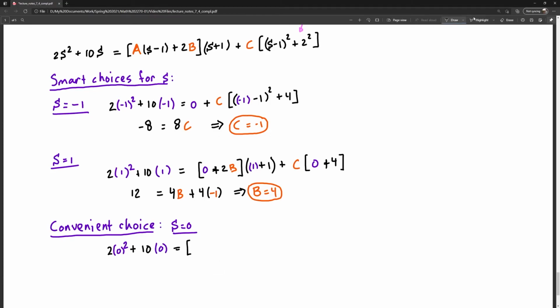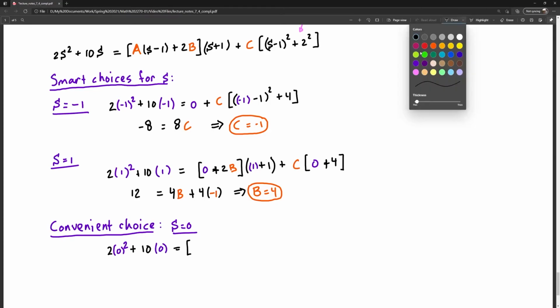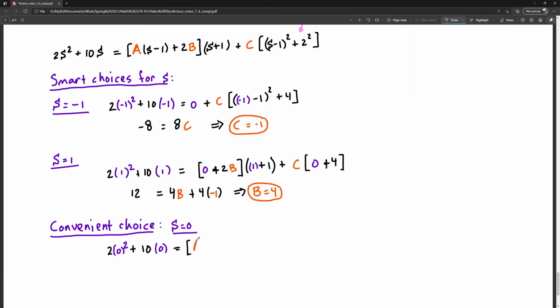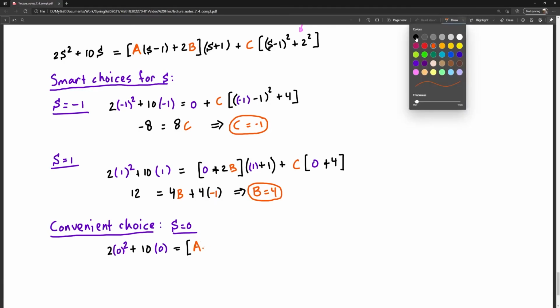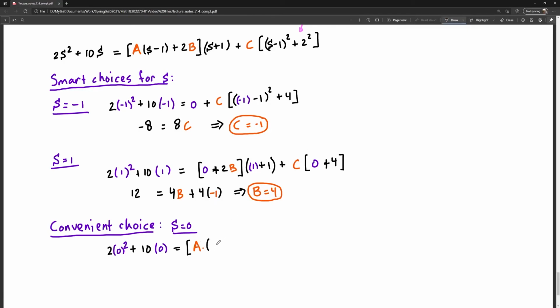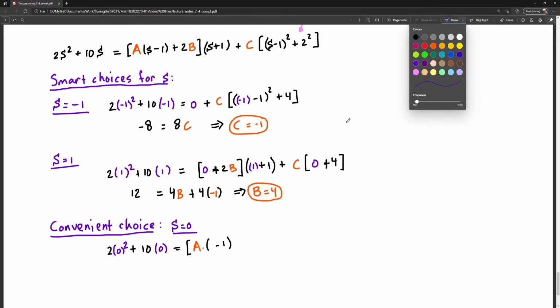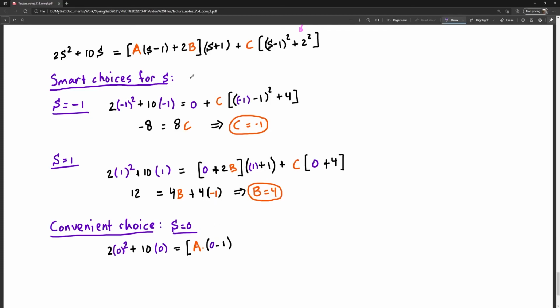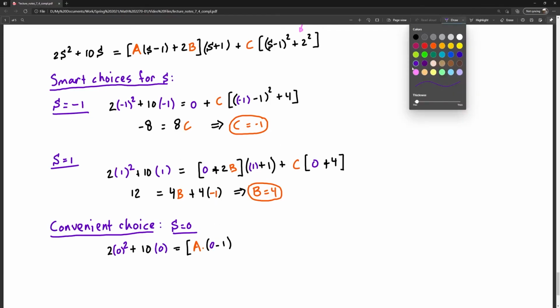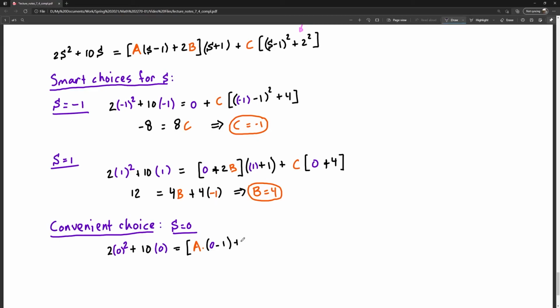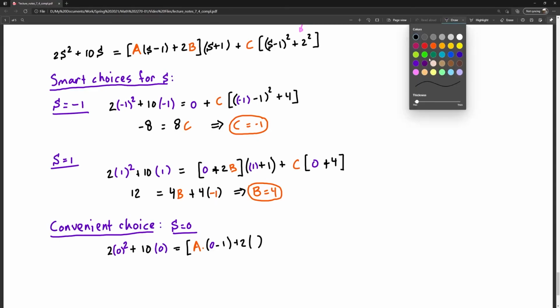So I have a times -1 and then plus 2 times b. I'm going to write that 2 times b, that is 2 times 4.